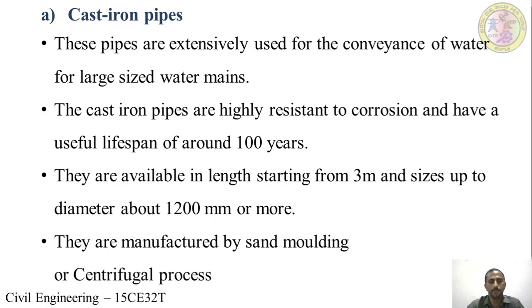These cast iron pipes are manufactured by either horizontal or vertical sand molding or centrifugal process of sand molding or metal molding.